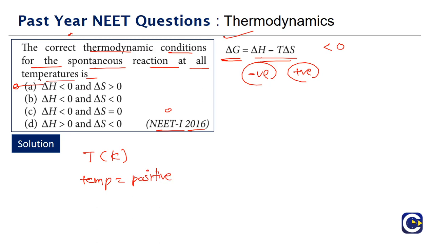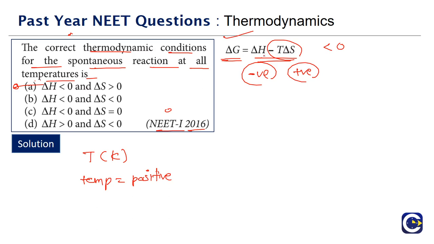So it is always going to be positive. So if you have delta H negative and delta S positive, now the overall second term, there is a minus here.